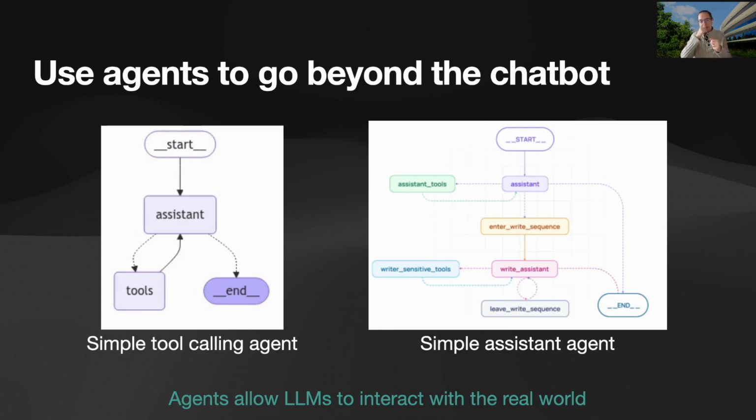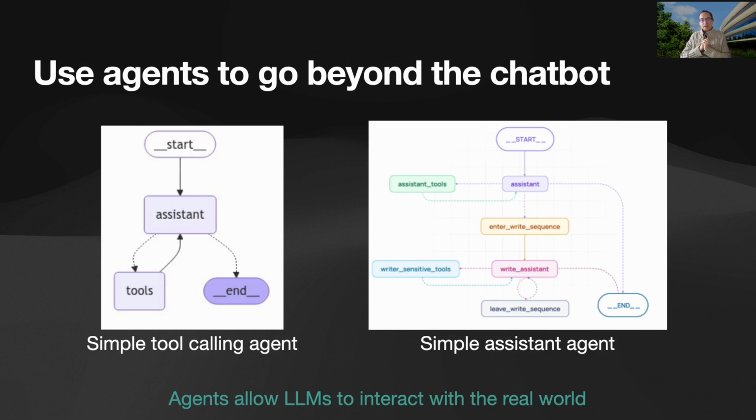Let's talk a little bit about agents. I expect them to be, this year, one of the best additions to the world of LLMs, because agents basically allow the LLMs to break out of the chatbot and actually interact with the real world.